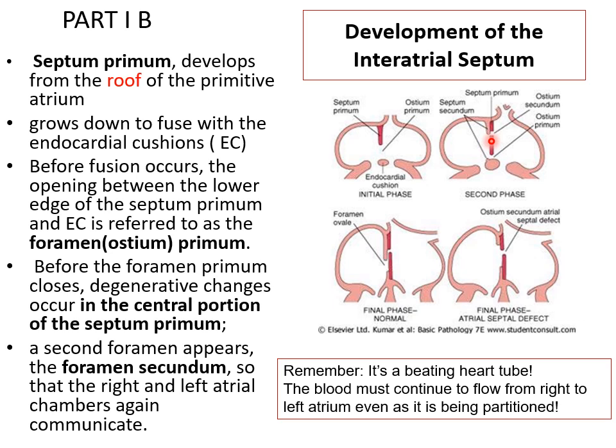Now as the septum primum grows downwards towards the endocardial cushion, obviously this foramen primum will close. But remember, it's a beating heart and blood is already flowing in this chamber. So blood starts flowing from right to left side as this partition is growing, and it must continue to flow. So what happens? Now when this septum primum is trying to reach the fused endocardial cushions, before it can fuse, a second opening develops in the septum primum itself, and that is known as ostium secundum or foramen secundum.